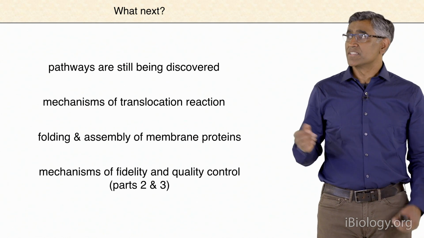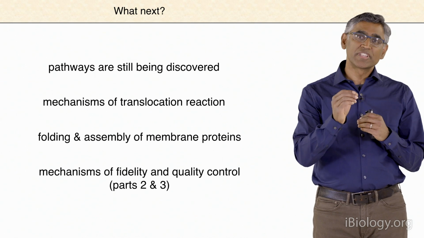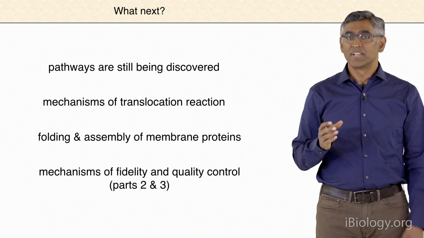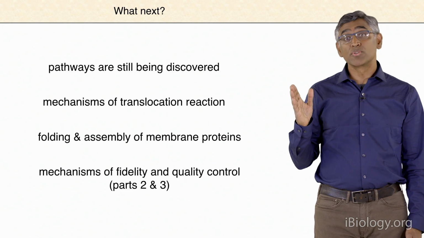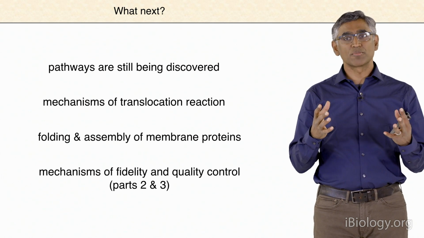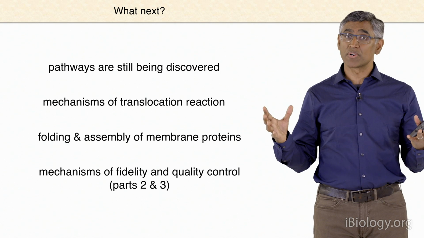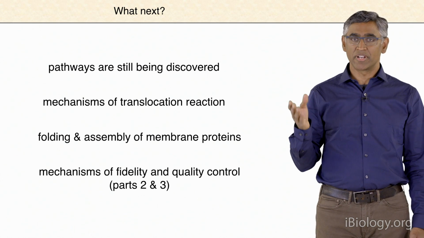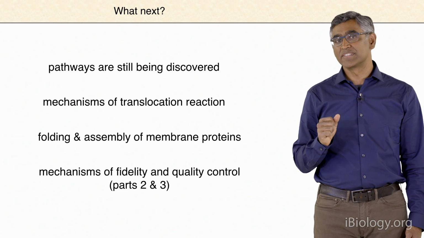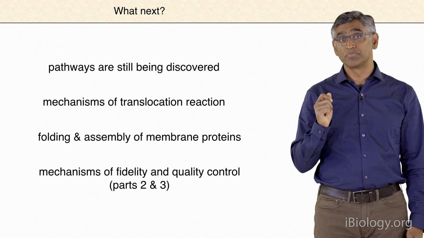The second thing is that the mechanism of actually moving the protein across the membrane remains unclear in many instances. In the example I gave, the protein is moved across the membrane while it's being synthesized, which solves the problem of how you move a really big protein across an otherwise impermeable barrier, because you do it while the protein is still unfolded.